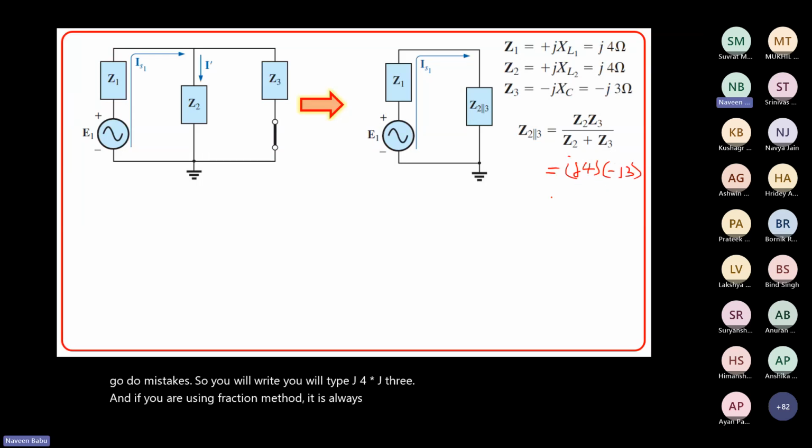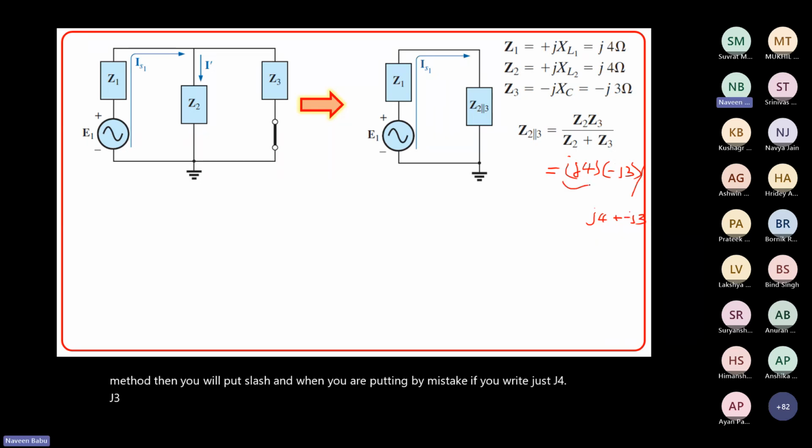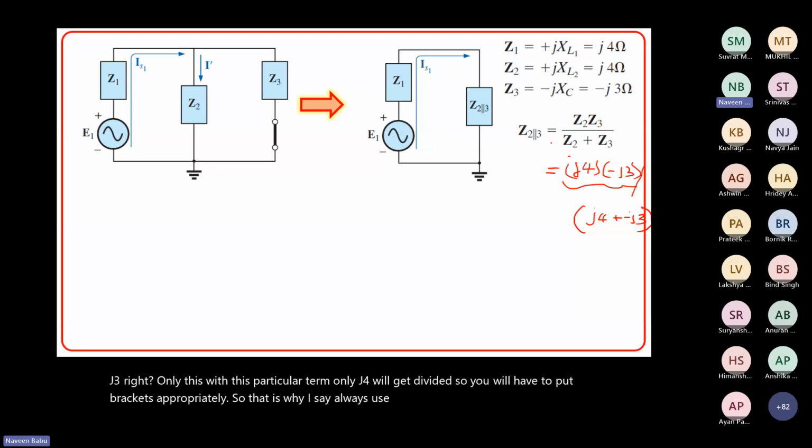But if you are not using the fraction method, then you will put a slash. And if you write just j4 plus minus j3 after the slash, only j4 will get divided. So you will have to put brackets appropriately. That is why I say always use the variable method appropriately.